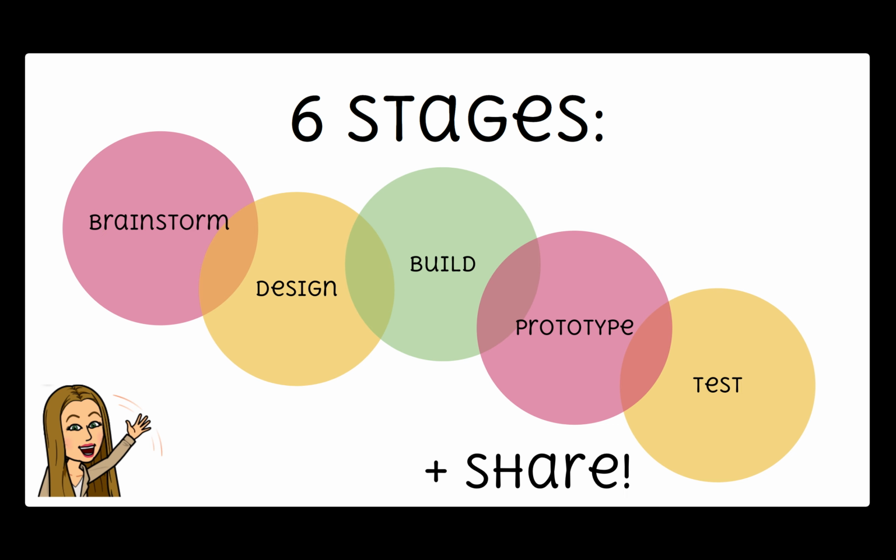Here we have the 6 stages of teaching design thinking remotely. Brainstorm, which consists of empathizing and defining, designing, building, prototyping, testing, and of course, sharing the project with their grown-ups, teacher, and class.